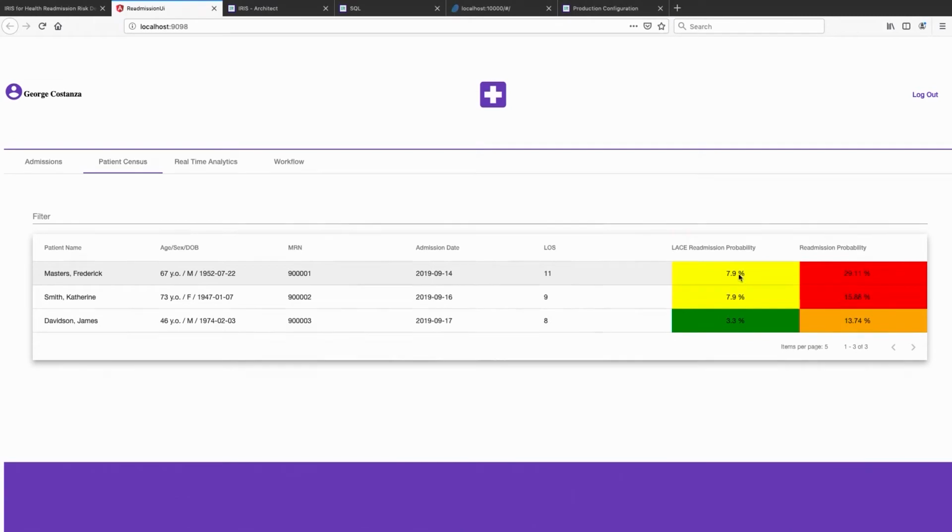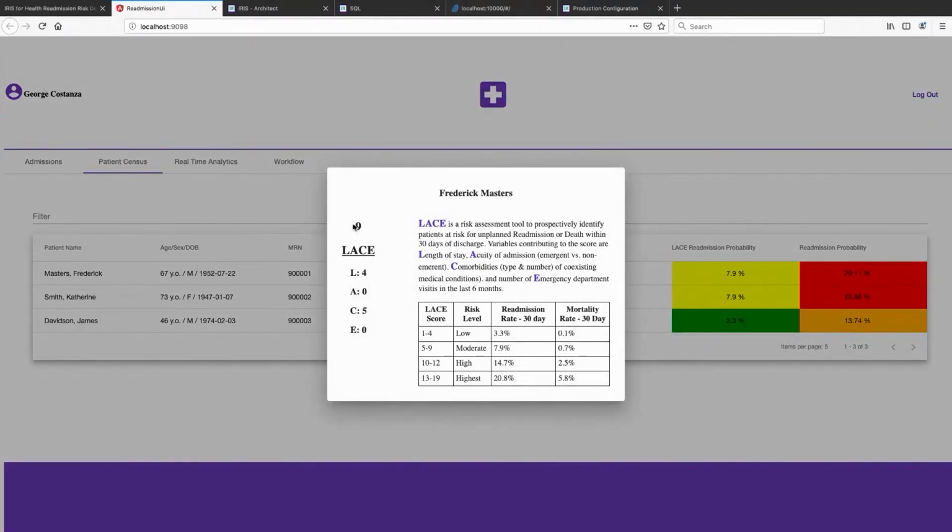The LACE risk for this first patient is 9, but we have used that table that Chile showed that translates a LACE score into a readmission rate, so 7.9% risk of readmission.